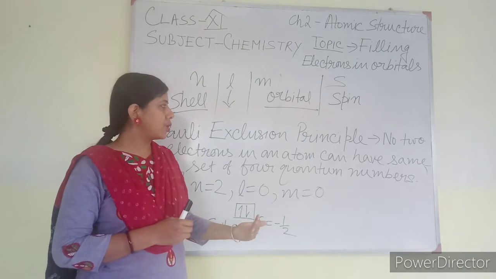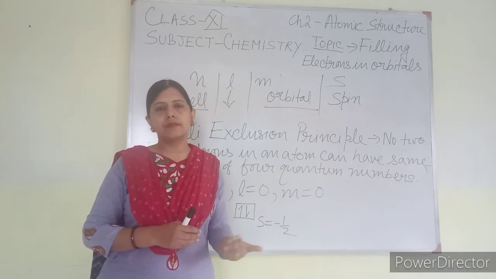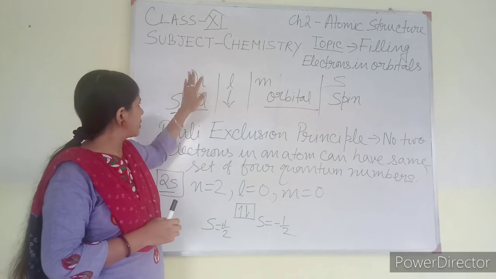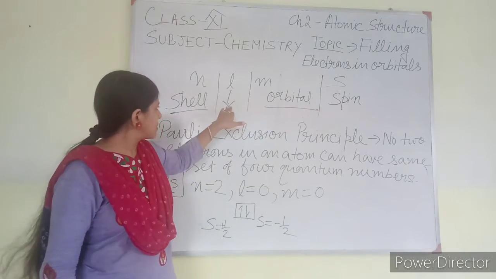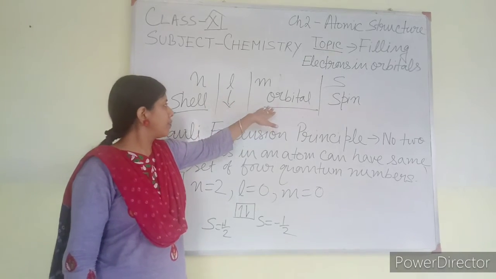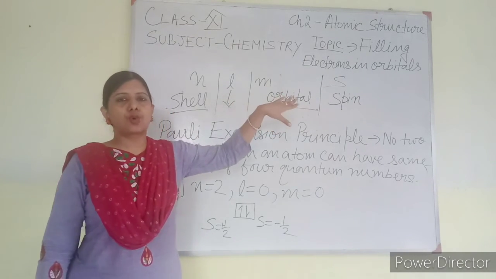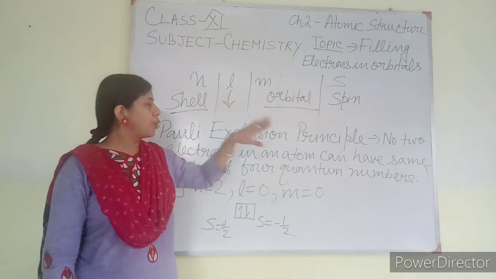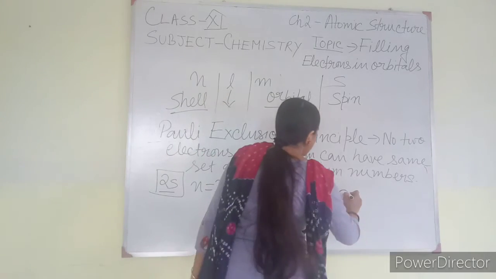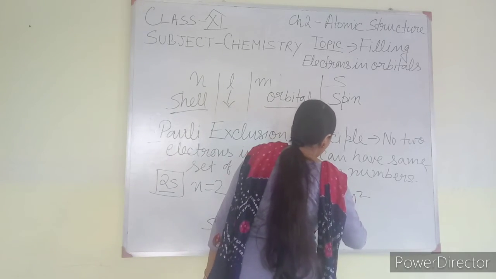So I want to recall what you have already learned. If the number of shells is denoted by n, the number of subshells will be n. The number of orbitals will be n square. Now how many electrons can enter the orbitals? That is denoted by 2n square.